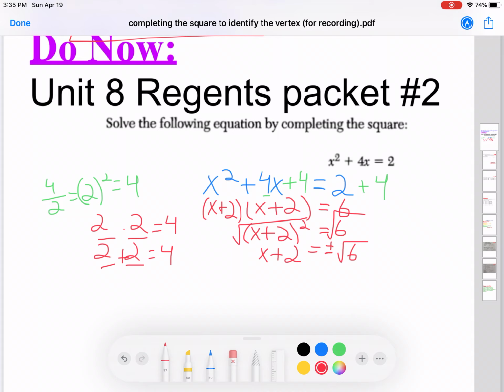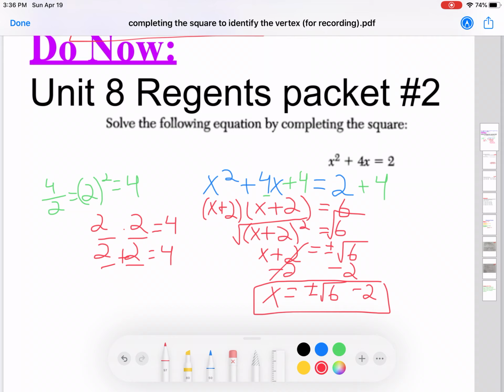But in this case, we cannot. 6 is not a perfect square, and none of the factors of 6 are perfect squares besides just 1. So we actually can't simplify this any further than plus or minus the square root of 6. Our last step is to get the x by itself by subtracting 2 over to the other side. So our final answer would be positive and negative square root of 6, minus 2.